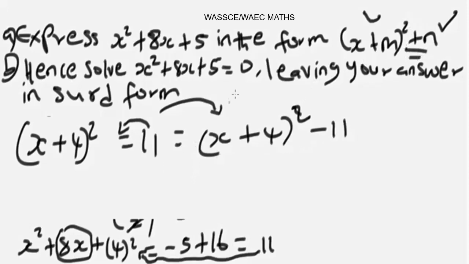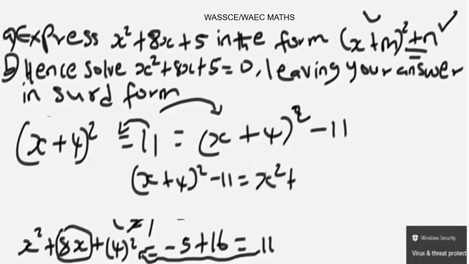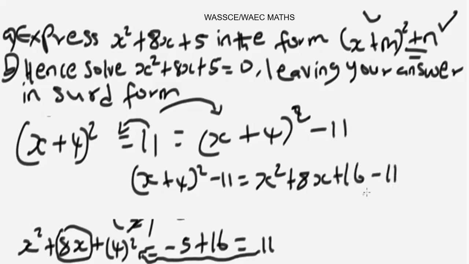Now if you want to verify this, this is the same thing as (x plus 4) squared minus 11, which is x squared plus 8x plus 16 minus 11. So we need minus 11 to complete this square. 16 minus 11 gives us plus 5.